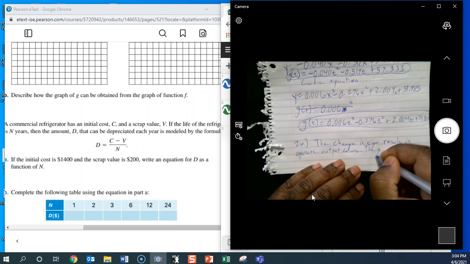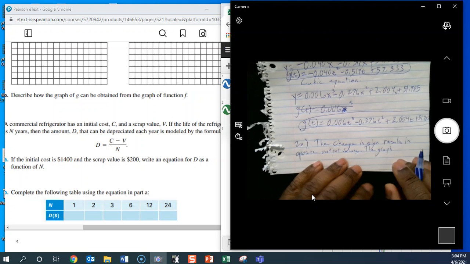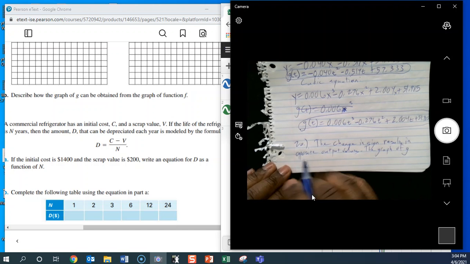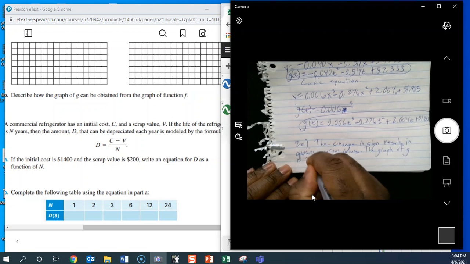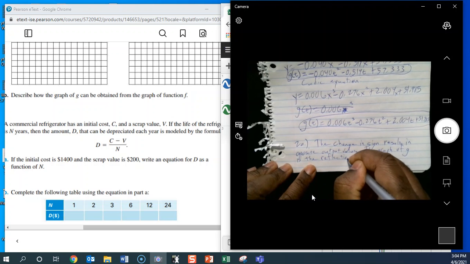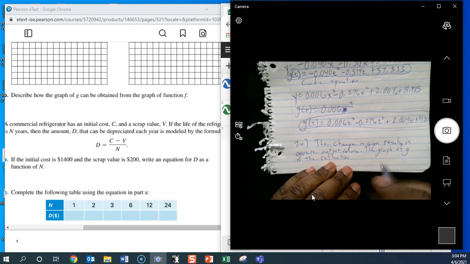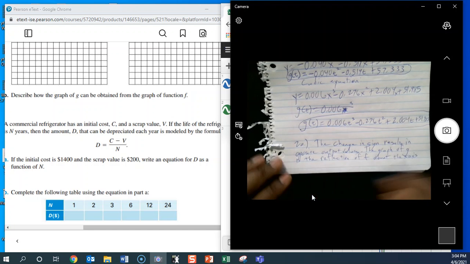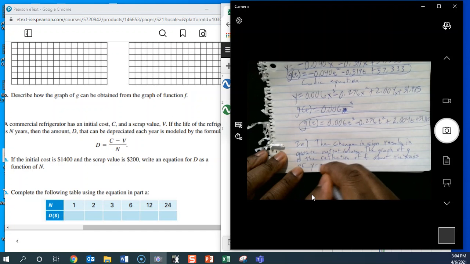The graph of G is the reflection of F about the x-axis or y-axis.